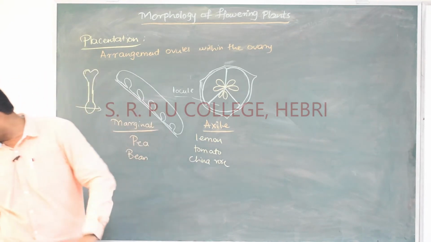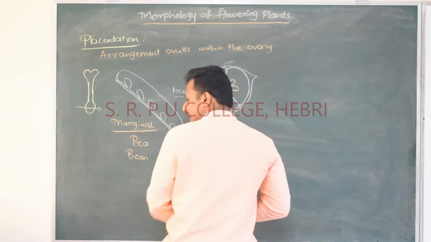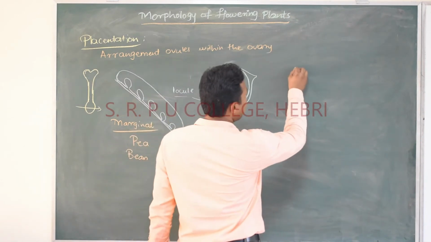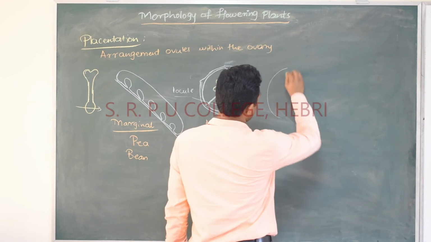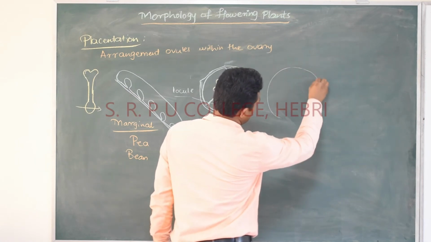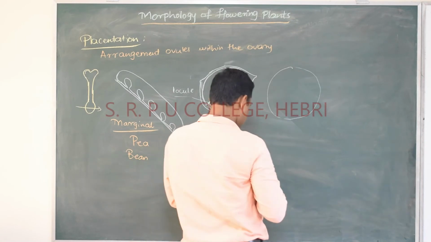The next one that we are going to study is the parietal placentation. Parietal placentation means peripherally arranged ovules. You need to know how to draw these diagrams.